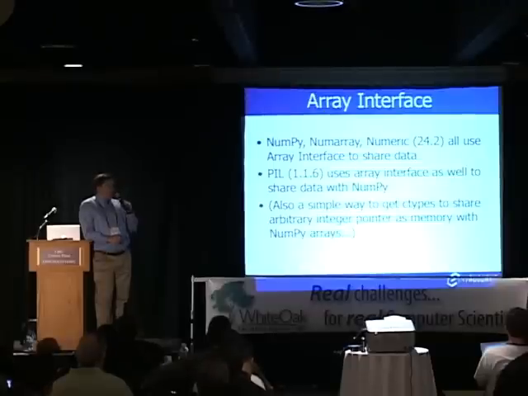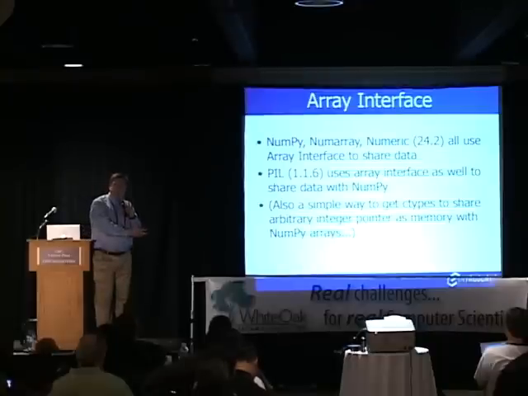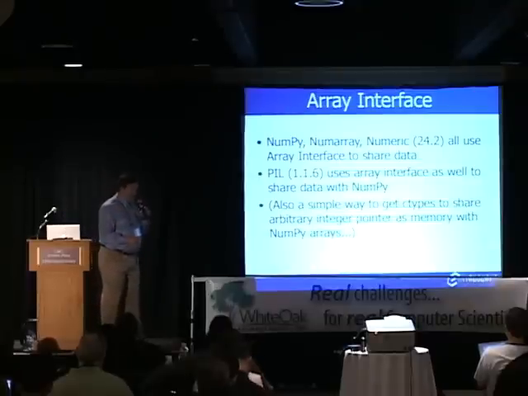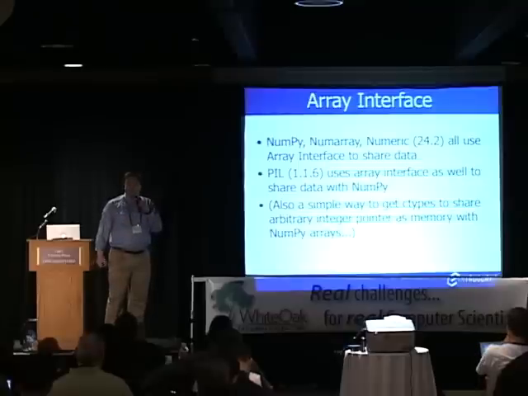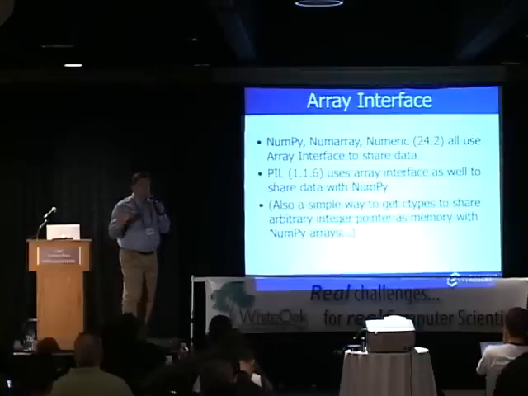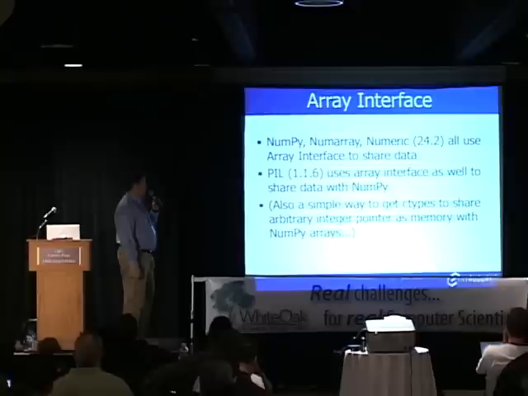At least the 1.16 version uses the array interface, so it makes it very easy now. You can just say numpy.array, give it a PIL object, and all of a sudden you have a two-dimensional array of numbers corresponding to the image you just loaded, or three-dimensional if it's a color image, and then you can just do math on that image and do all kinds of processes you'd like and store it back to a PIL array in order to use the input-output facilities to save as a PNG or to save as any other kind of image format.